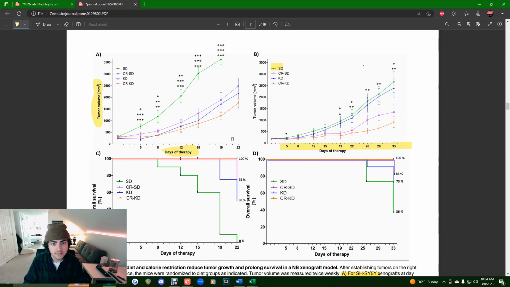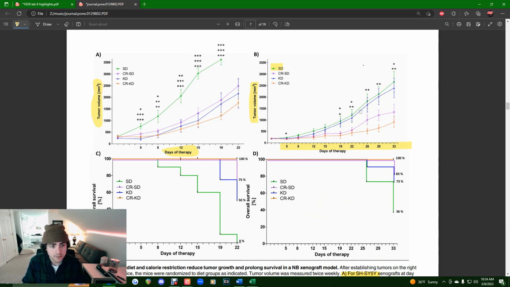Now, think about what it means to be successful. The tumor volume is what they're measuring, and what they're trying to do is shrink the tumor volume, or slow its growth. You don't want the tumor to keep growing and growing as it does for the standard diet, right?